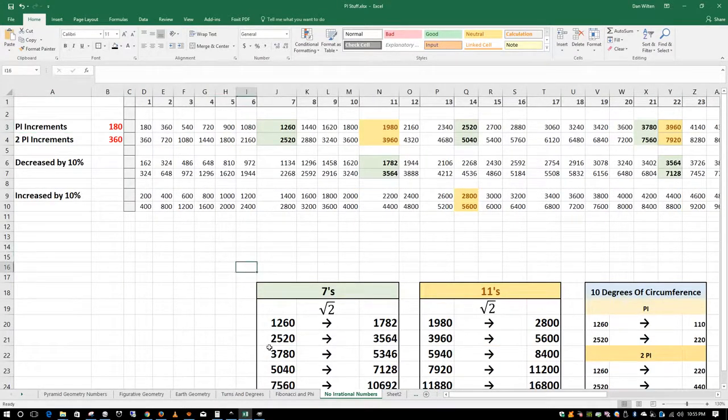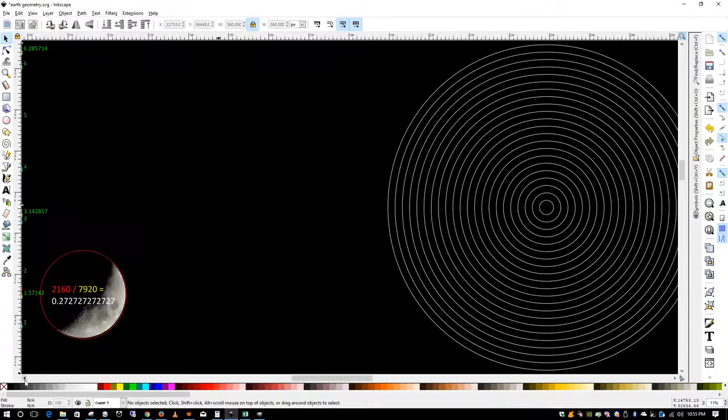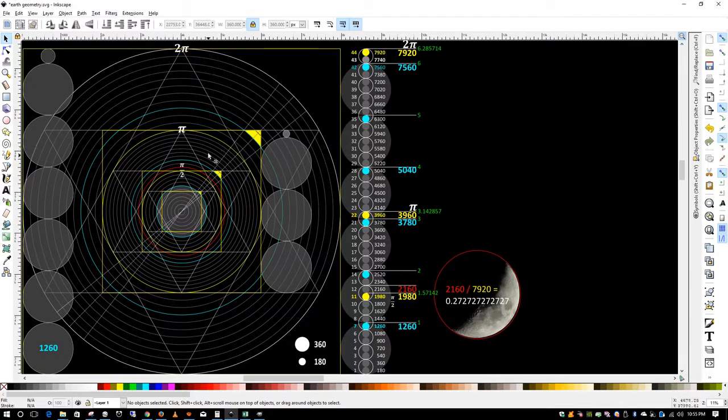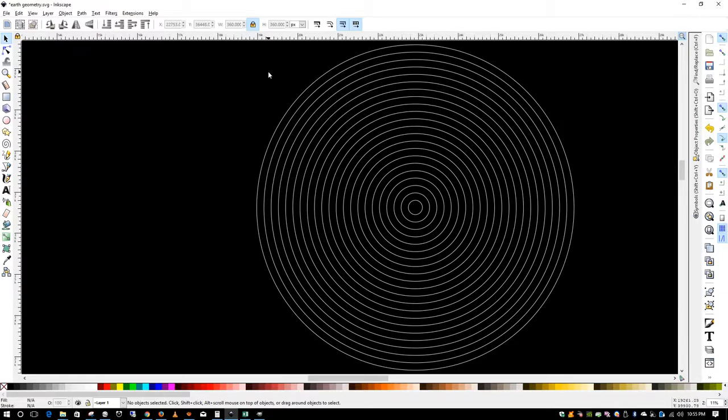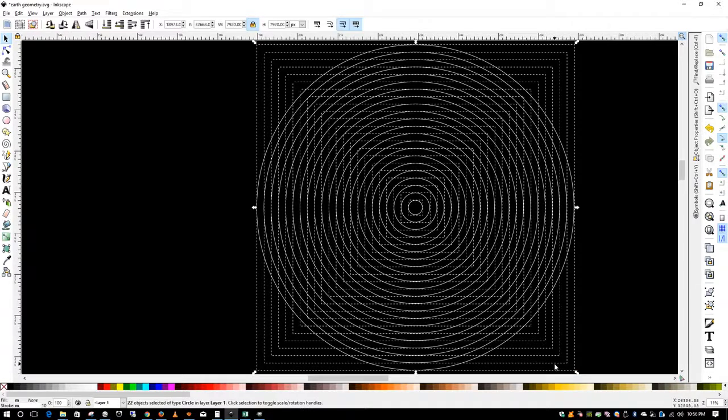So the way that this actually looks is, if we take a look at this drawing right here, and I've got these geometrical images over here in line to kind of show you what things look like. So if we take these 22 rings, and if we want to get the pi increments of 180, then what we have to do is take all of these guys and scrunch them by 50%.